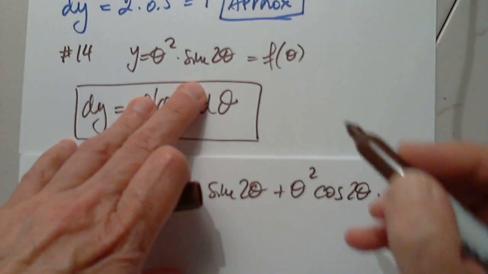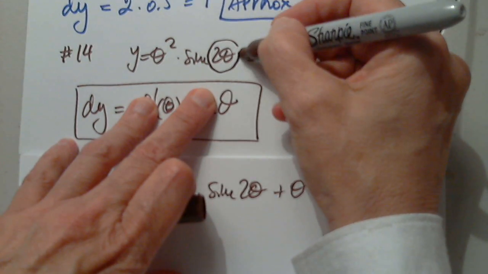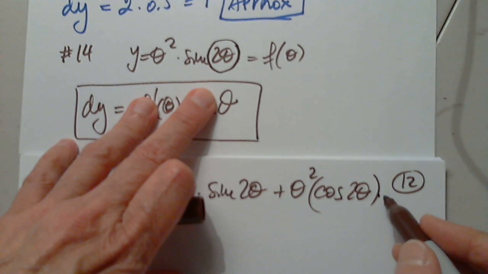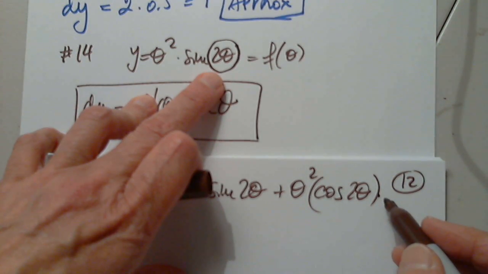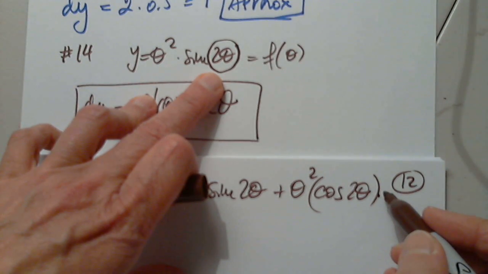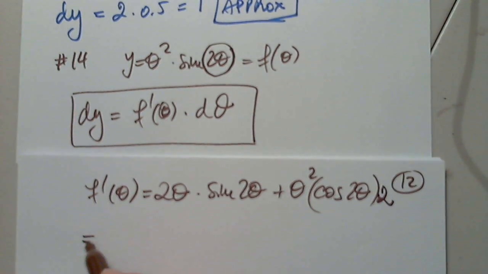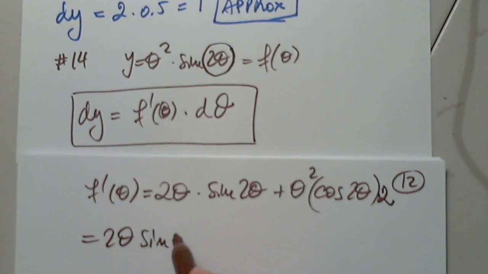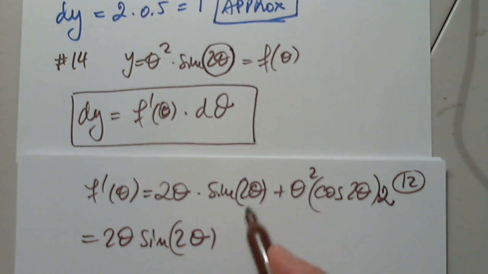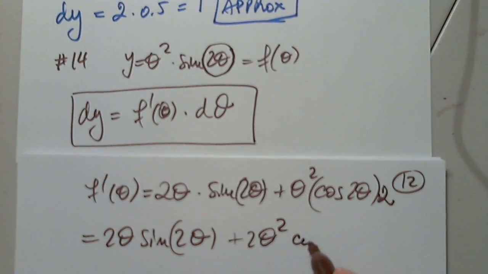So we have 2 theta times sine 2 theta plus theta squared, careful now, cosine 2 theta times the inner function prime, which is 2. Very good. So then we have 2 theta sine 2 theta plus 2 theta squared cosine 2 theta.